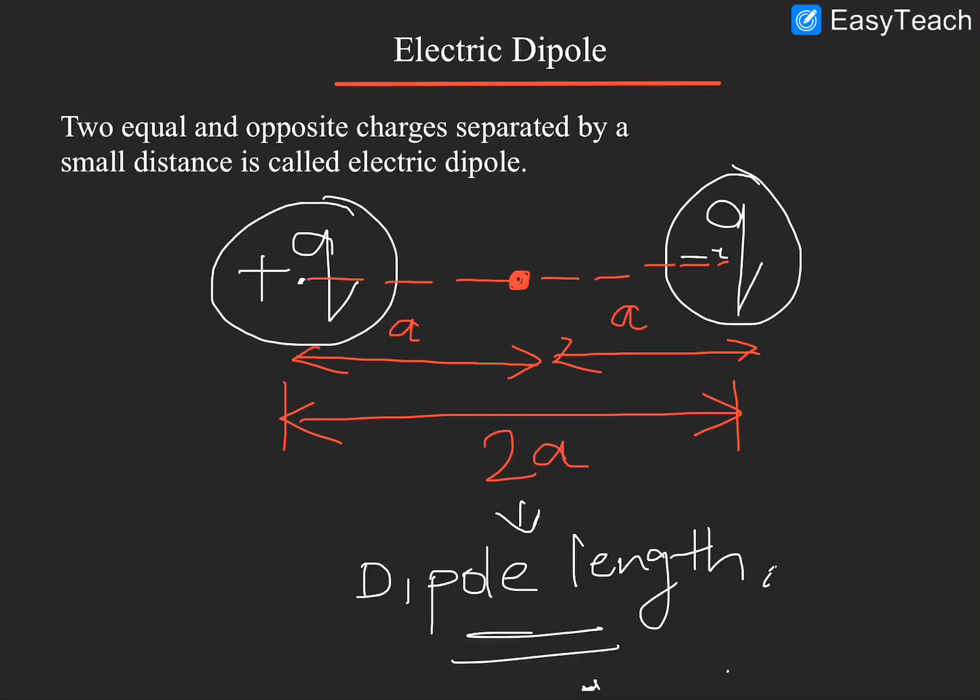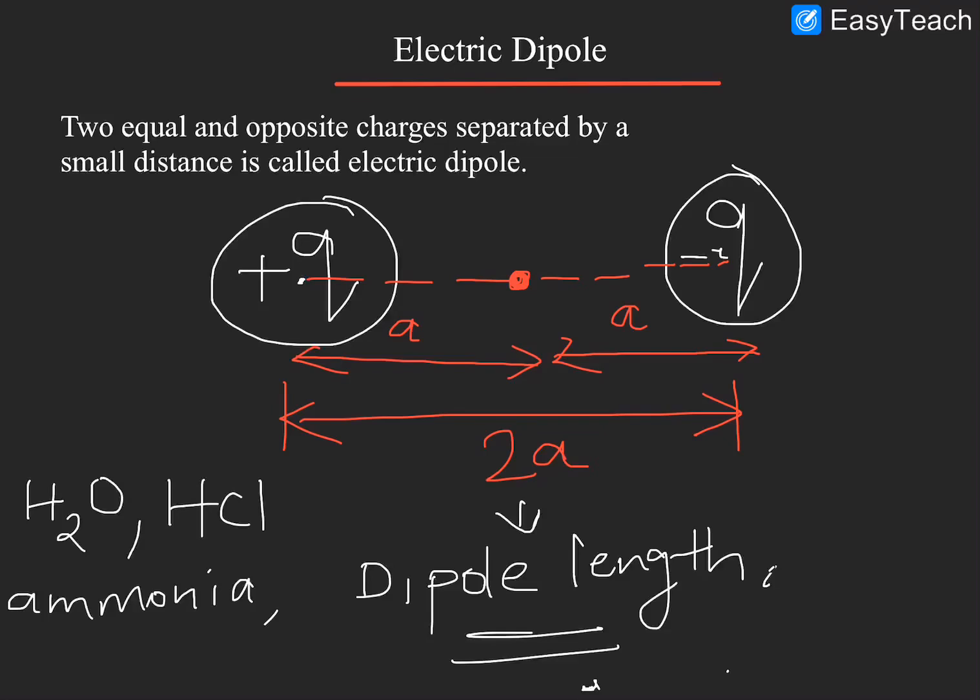Now let us consider some examples for dipoles. Water is an example. HCl is an example. Another one, ammonia, NH3, is an example. Then alcohols, carbon dioxide.